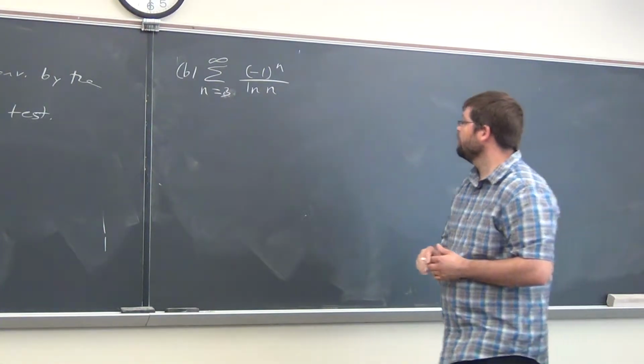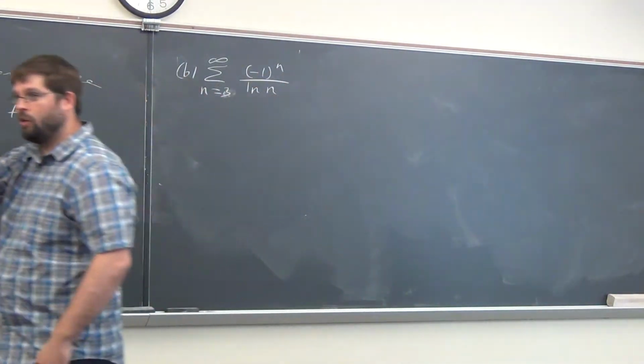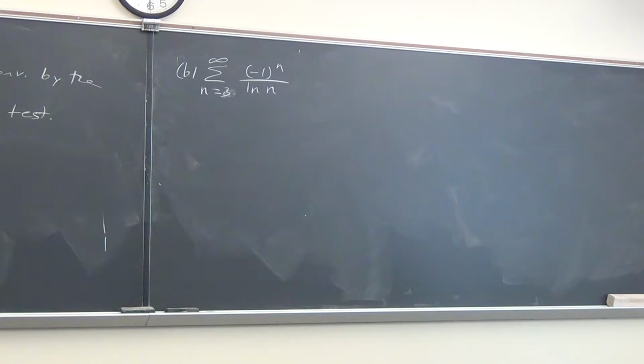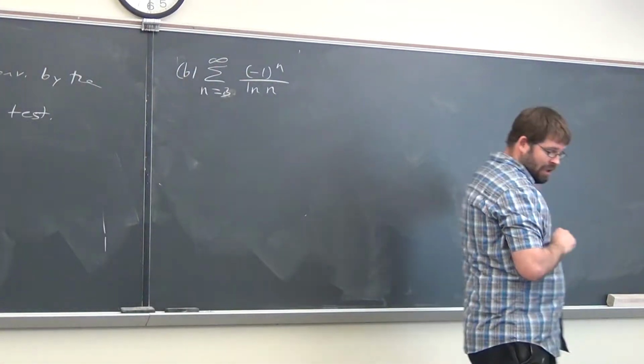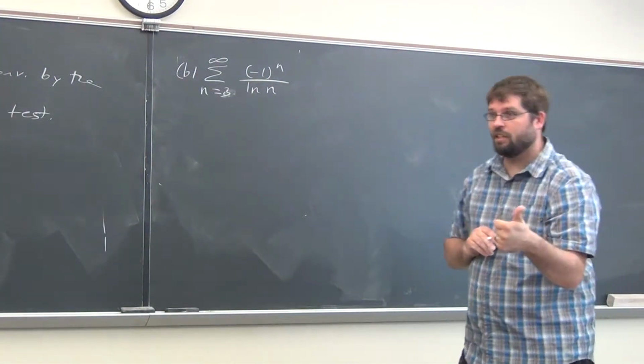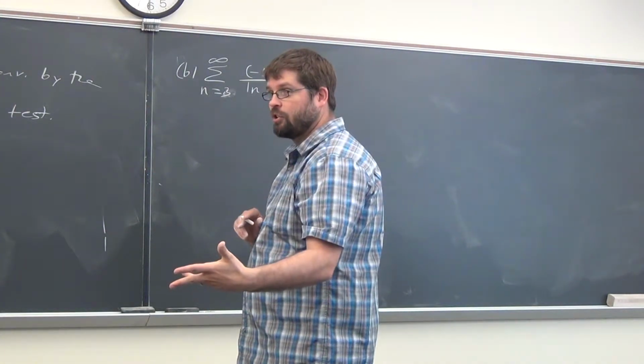If I dropped that negative 1 to the n on this one, I just have 1 over log n. That was one of the first examples. Let's just do this one. Show that this satisfies the conditions for the alternating series test, and conclude it converges.